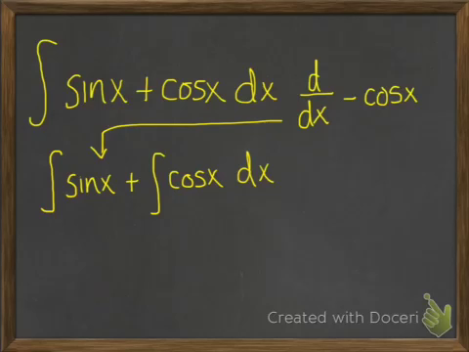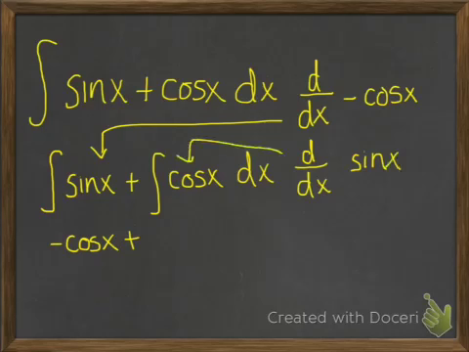So we got the first part, negative cosine x, plus, now we'll find out what function we can take the derivative of that gives us cosine x. Well, we know that if we take the derivative of sine of x, we get cosine x.